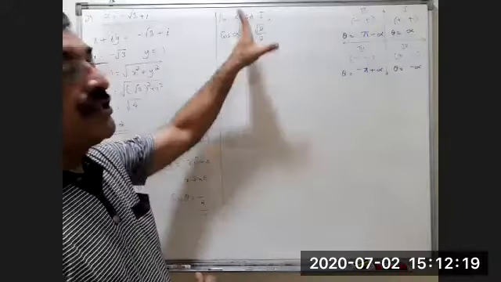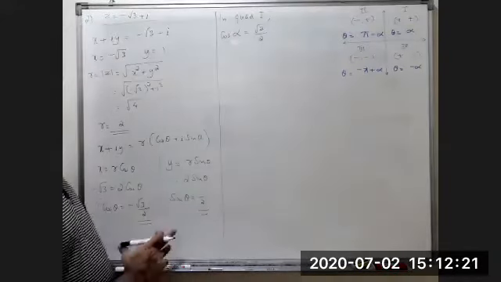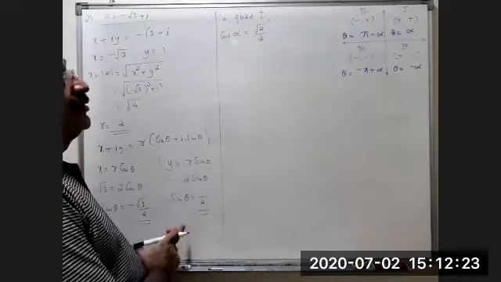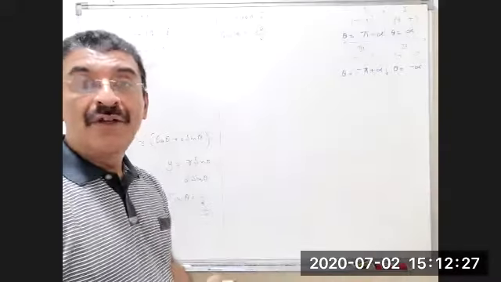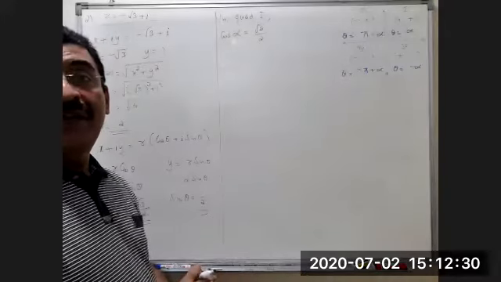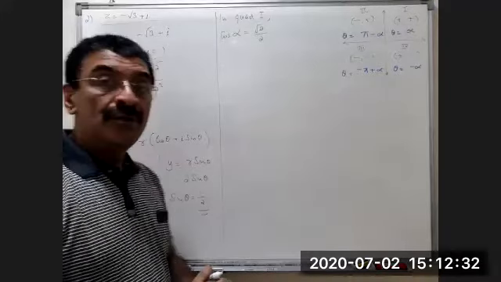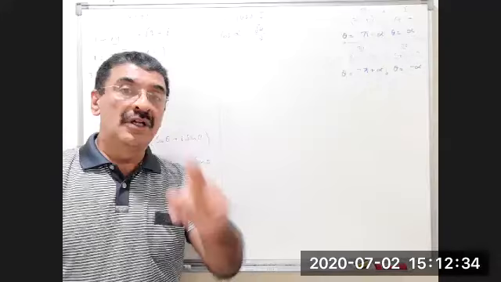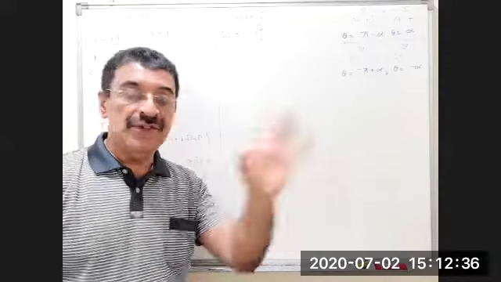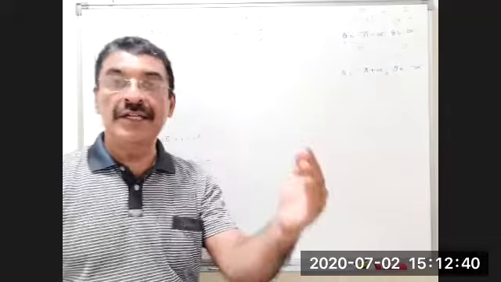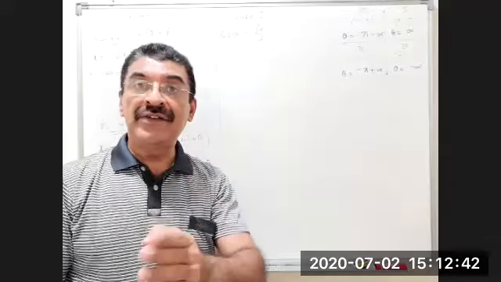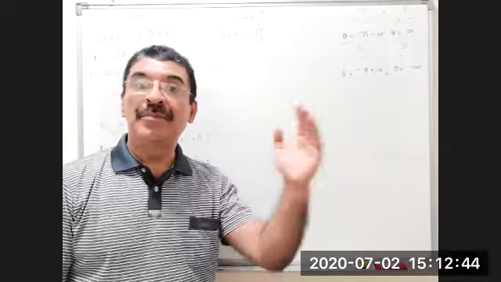Cos of which angle is root 3 by 2? Cos 30. Now we don't have degree business, it is radian. 30 degrees means it is pi by 6. Remember those radian measures also. In degree measure 30, 45, 60, 90. In radian measure pi by 6, pi by 4, pi by 3, pi by 2.